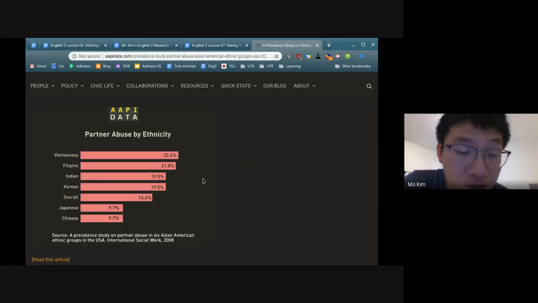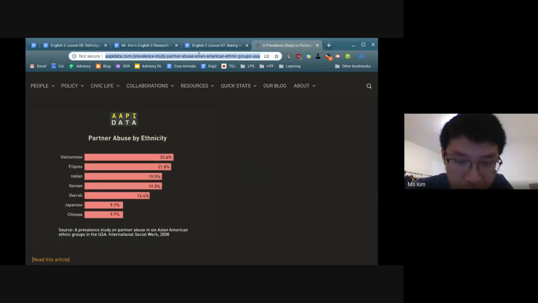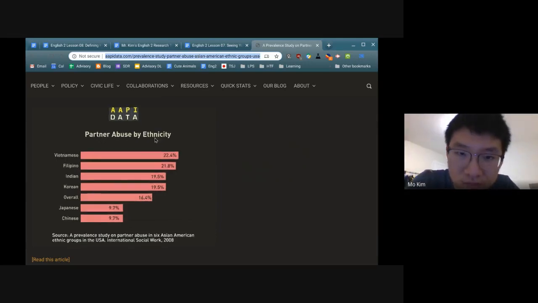All right, so I found the chart on the site. And according to the chart, this chart is measuring the rate of partner abuse by ethnicity. So it's highest for the Vietnamese American population, but it's also pretty high for Korean Americans. 19.5% of people in the Korean American community have reported being abused by a partner.